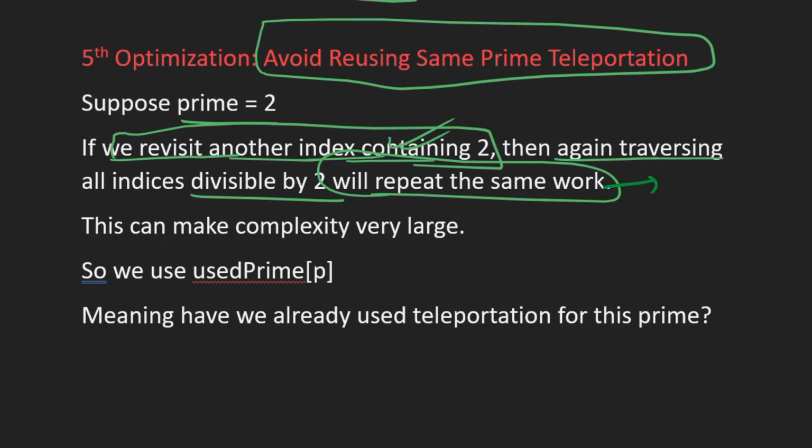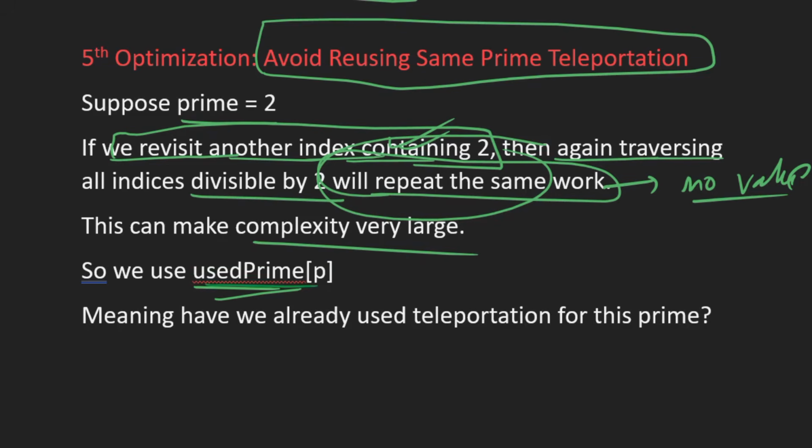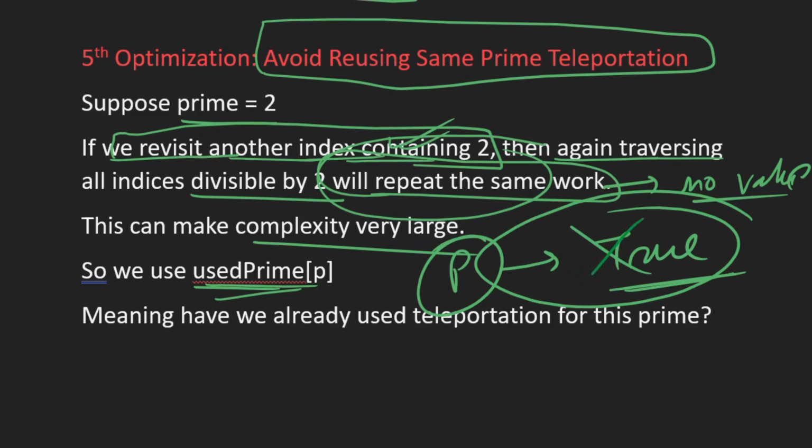It has no value, because we have already computed the same things, and doing it again and again makes our complexity large. So we'll use an array to track whether we have used a prime number p or not. If it is true, then we won't use it again, right?